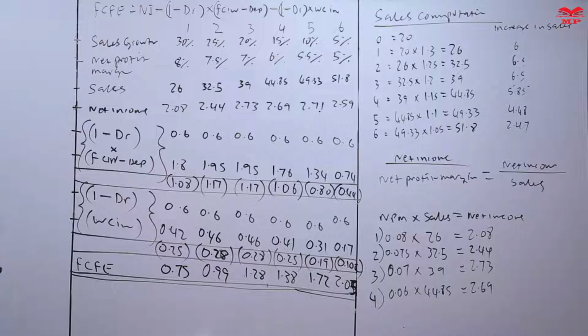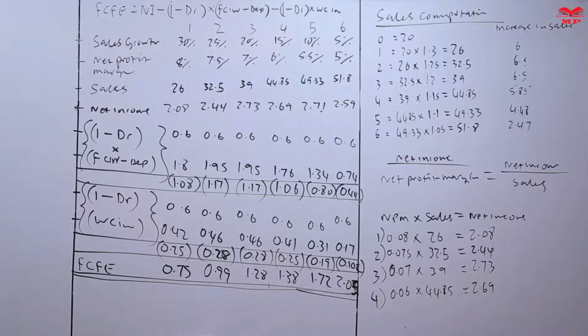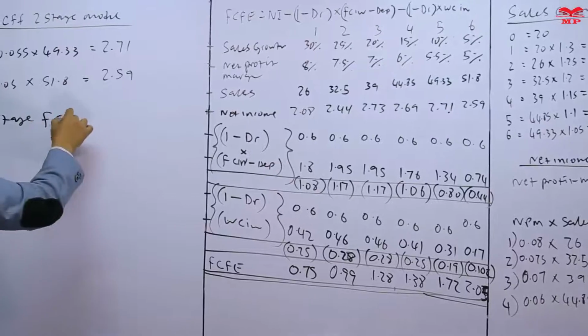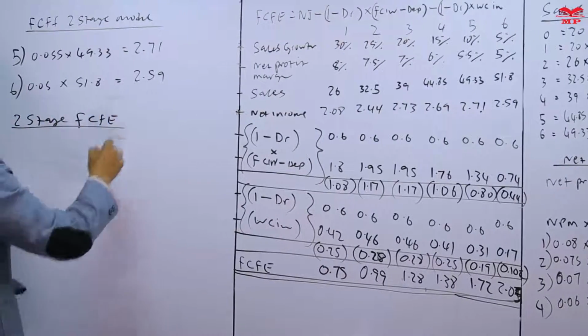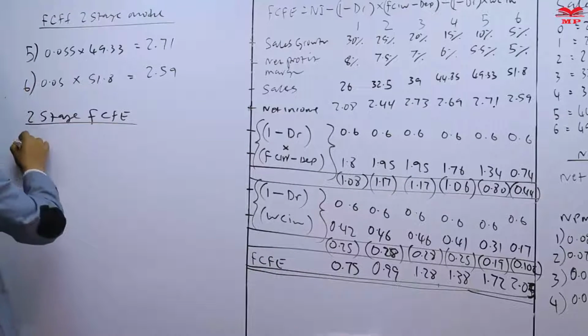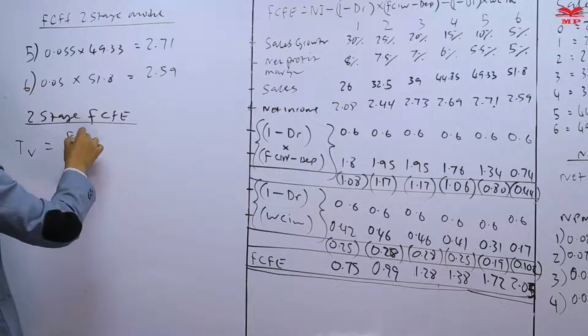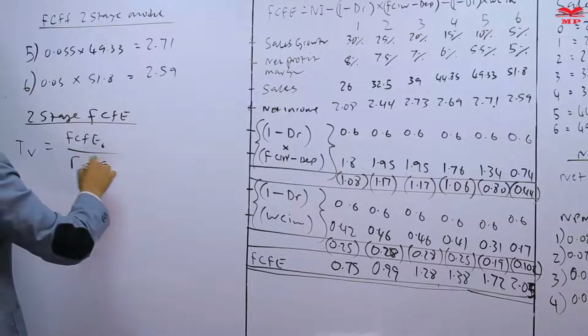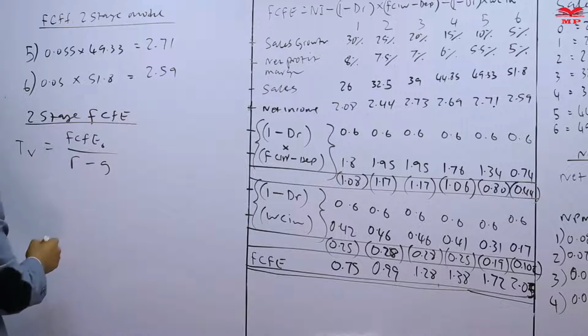Just as we had done in our lesson 2, when we were looking at the free cash flow to firm two-stage, now the two-stage FCFE. What do we do? We first get the terminal value. The terminal value is given as FCFE 6 over r minus g, not WACC minus g in this case, it's r minus g.